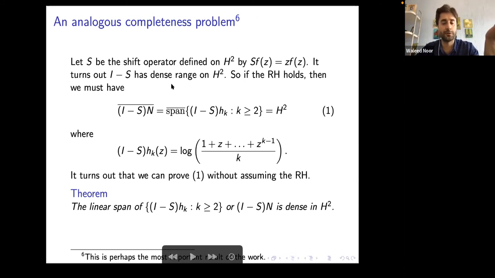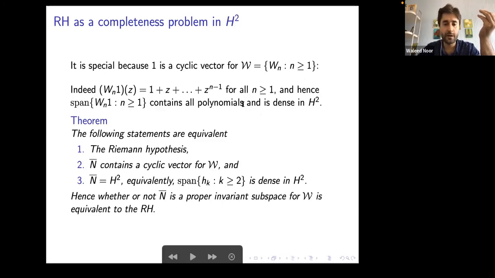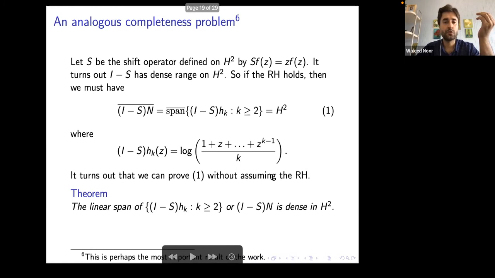So why is this important? This is important because we showed that if the Riemann hypothesis holds, then N should be dense in H2. So if I minus S has dense range, then if we apply I minus S to N, it should also have dense closure, or it should be dense in H2.